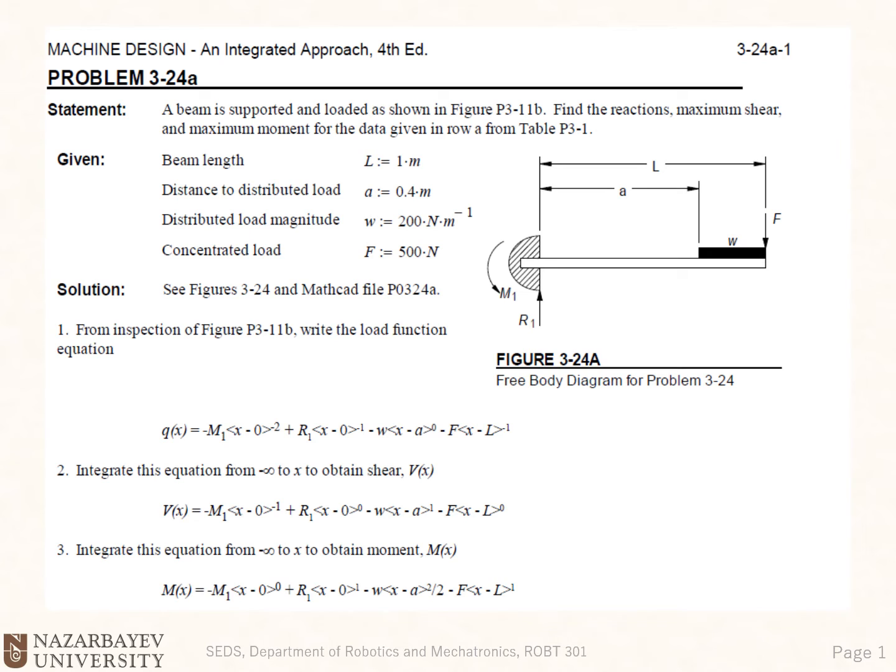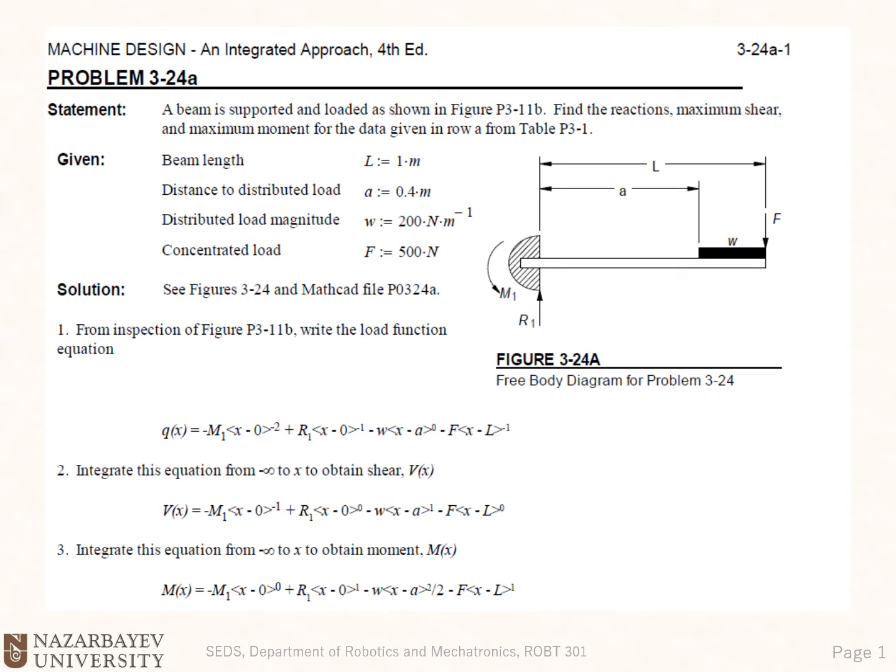So x to the power of minus 2, the integral of that will be x to the power of minus 1. We'll get the next term here, the integral will be R1 x minus 0 to the power of 0. The regular integral is different.